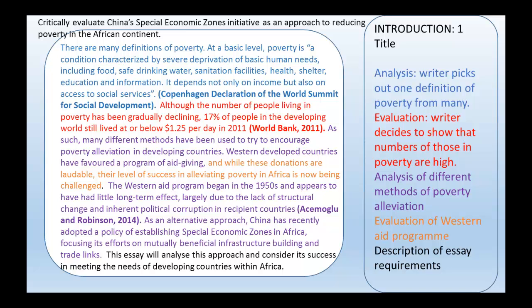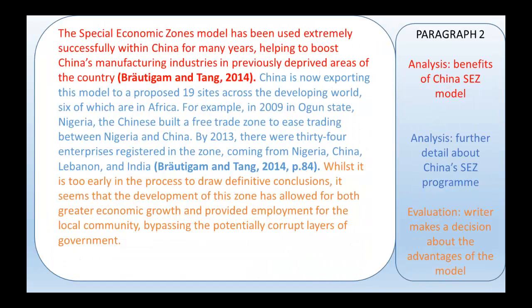There's one small piece of description, which is the last sentence, which shows that the writer knows what he has to do in writing the essay. I want you to get the idea that within each paragraph, when you write critically, you're going to have analysis and evaluation. Let's look at paragraph 2. You can see the analysis, benefits of the Chinese model, further detail about that.